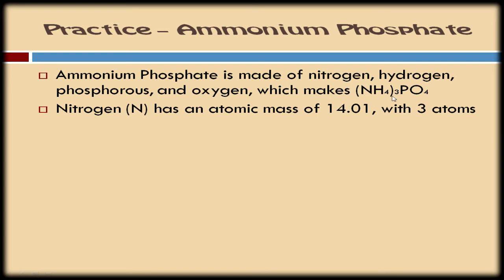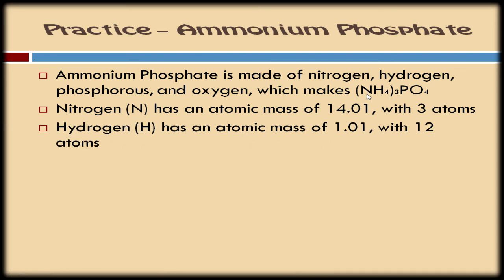As you can see, the 3 outside of the brackets, like I said earlier, you multiply that by whatever's inside. Now, hydrogen has an atomic mass of 1.01 with 12 atoms. As you can see, like I said earlier, you multiply the 3 by the 4, and you get 12. Therefore, hydrogen has 12 atoms.